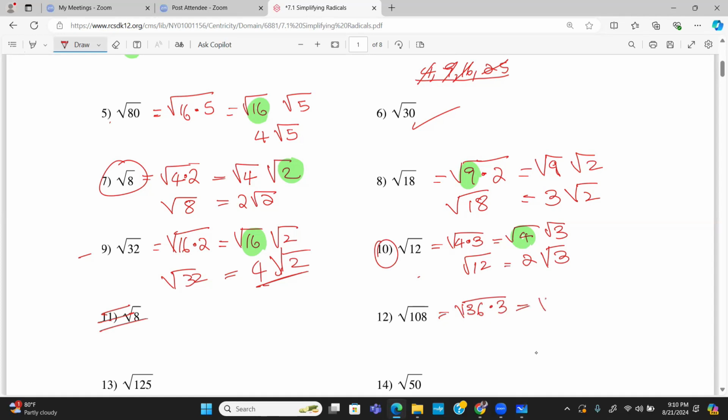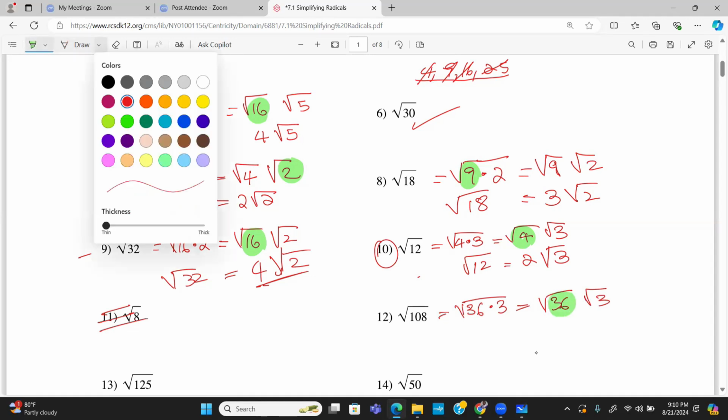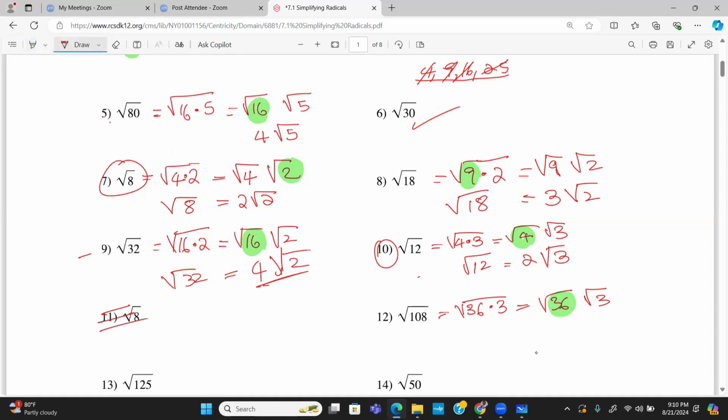From this, I'm going to have the root of 36 times the root of 3. Remember that 36 is a square number. 6 squared. So taking the square root of 36, I'll get 6. 3 is not a square number, so I put it back. So the root of 108, when simplified, is 6 root 3.